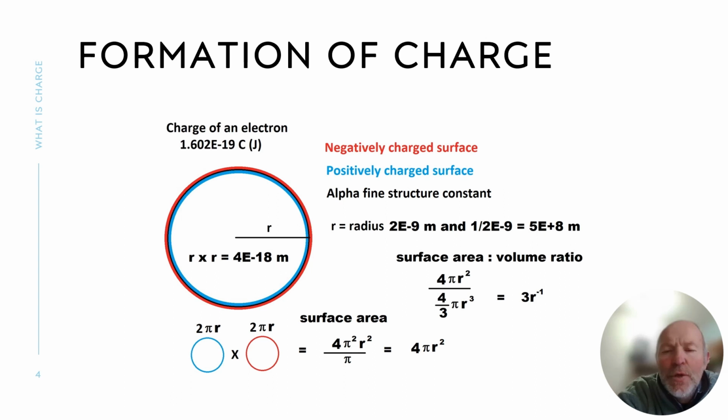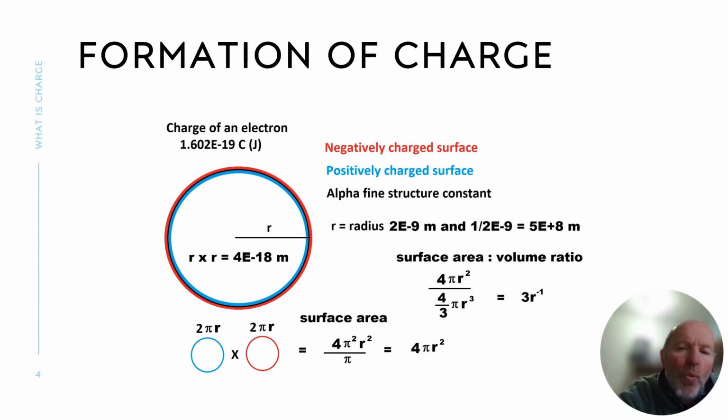The surface area to volume ratio is an interesting outcome, because you get 3r to the negative 1, and what that really means is that there's an opportunity for 3 quarks internal within the structure of the proton, with 1 electron on the outside.